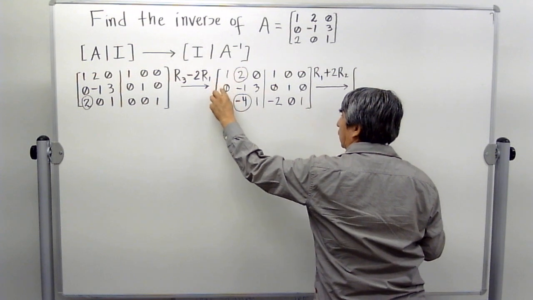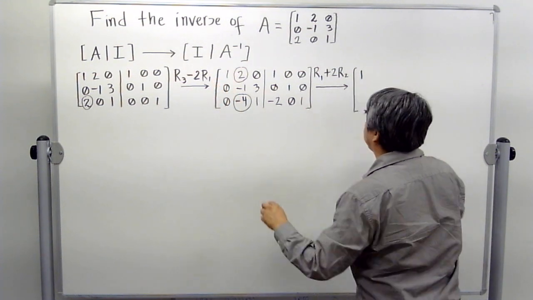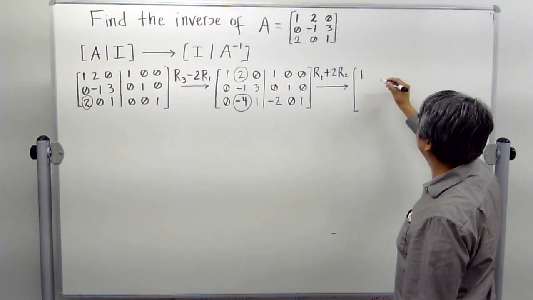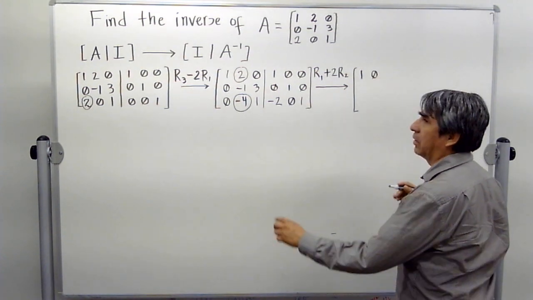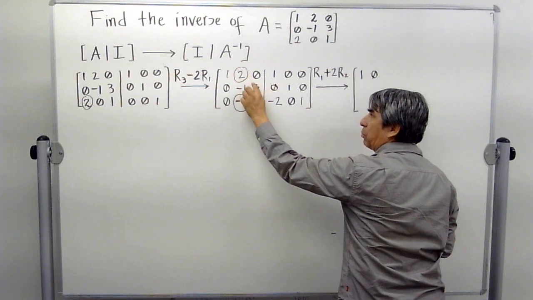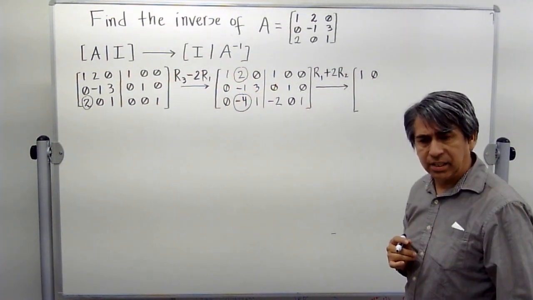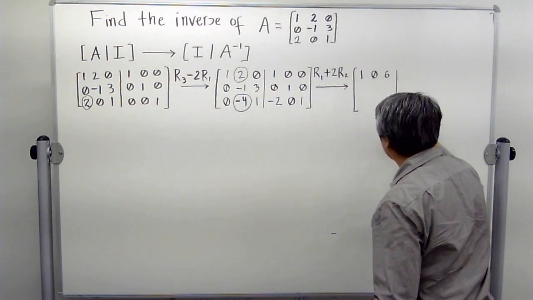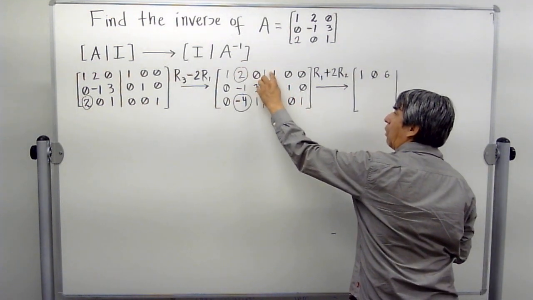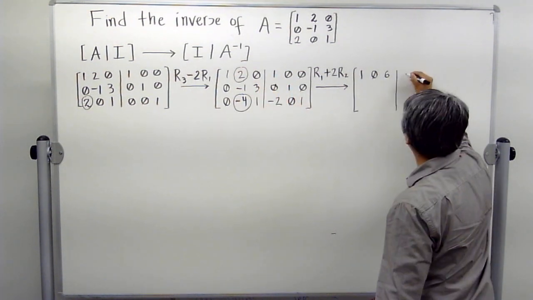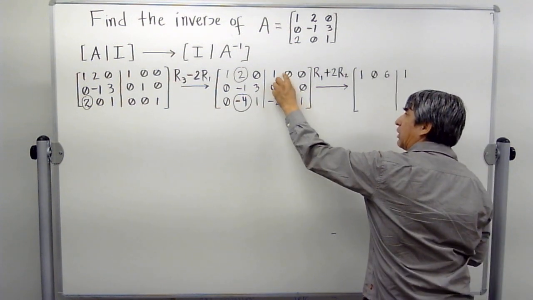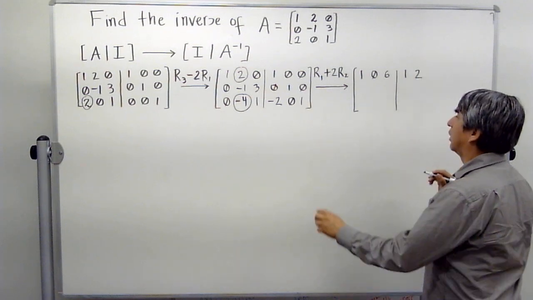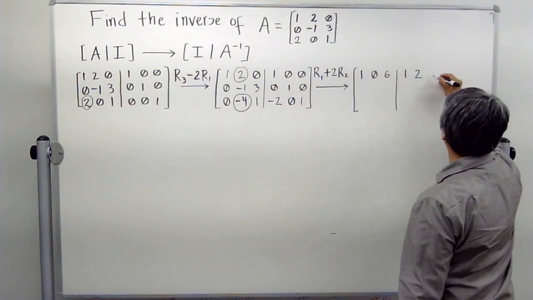One plus 2 times 0 is 1. 2 plus 2 times negative 1 is 2 minus 2, which is 0. 0 plus 2 times 3 is 6. 1 plus 2 times 0 is 1. 0 plus 2 times 1 is 2. 0 plus 2 times 0 is 0.